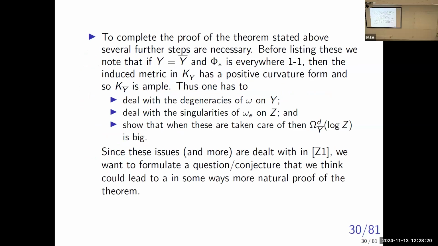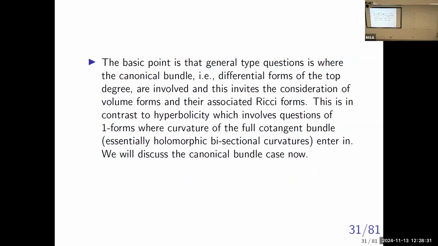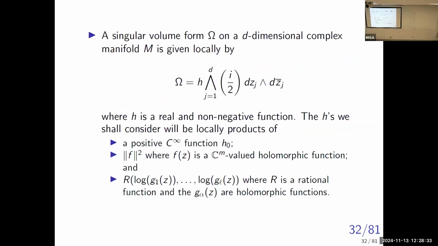So this is just going over what you have to do to prove the theorem. What I'm going to do, I'm not going to go through that argument. I guess I'll skip that.